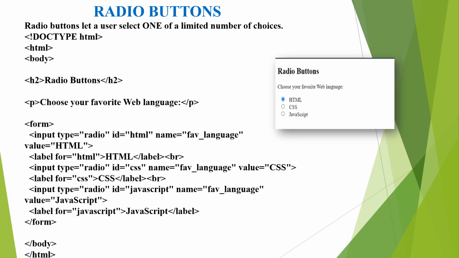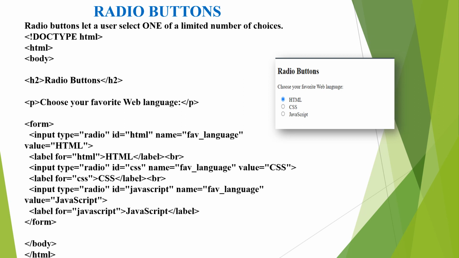And then moving to radio buttons. Radio buttons let a user select one of a limited number of choices. In the same way as label, inside the form, the input type is radio and the ID is html, and for the name the value is given as favorite language, and the value is given as HTML.